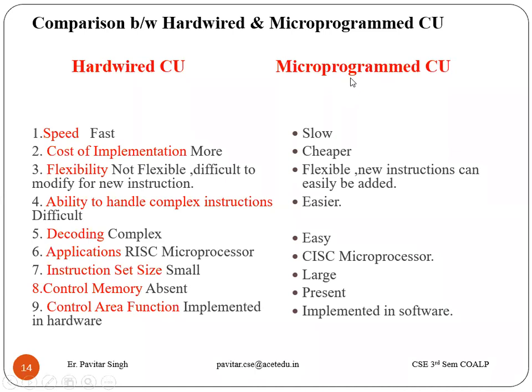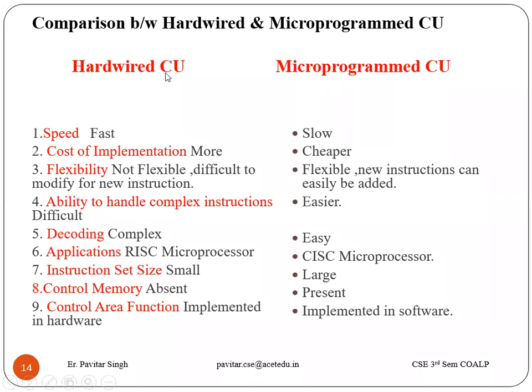Microprogrammed CU is flexible; new instructions can be easily added because only the microprogram changes. Next, the ability to handle complex instructions: in hardwired CU it is difficult, while in microprogrammed CU it is much easier. Decoding is complex in hardwired CU, and easier in microprogrammed CU.